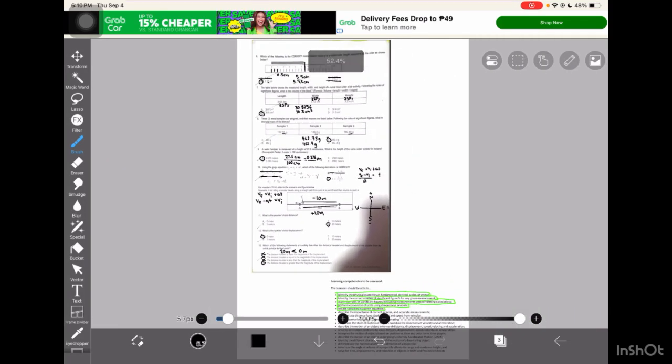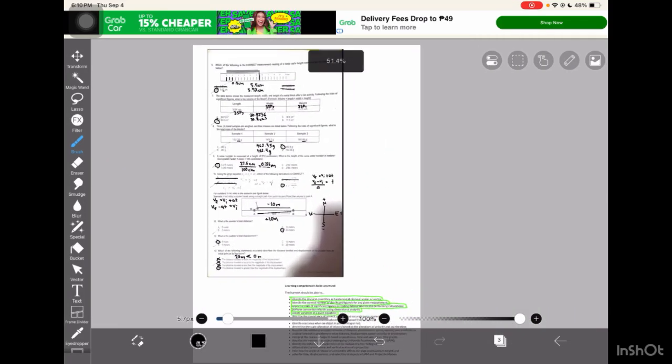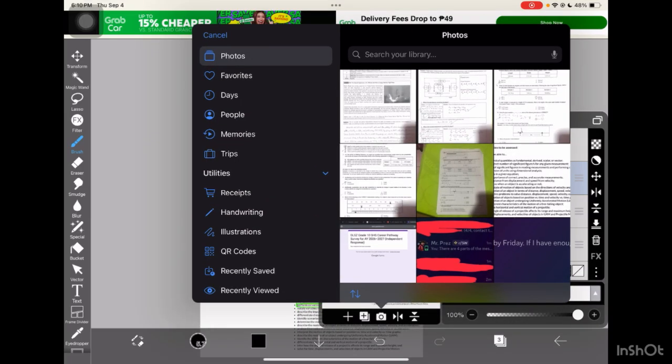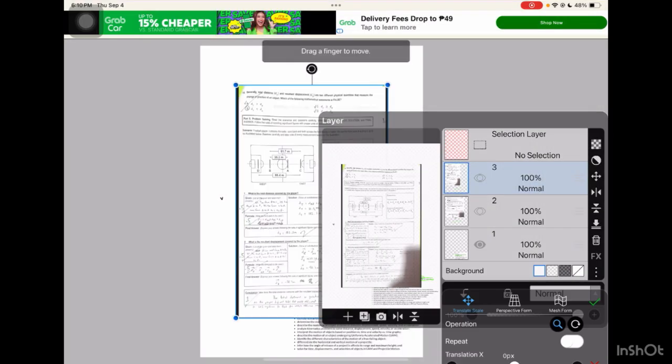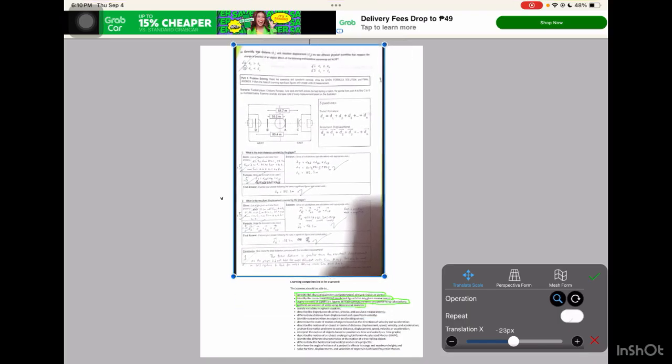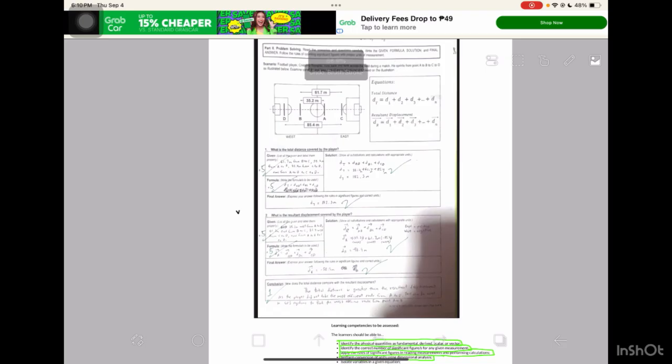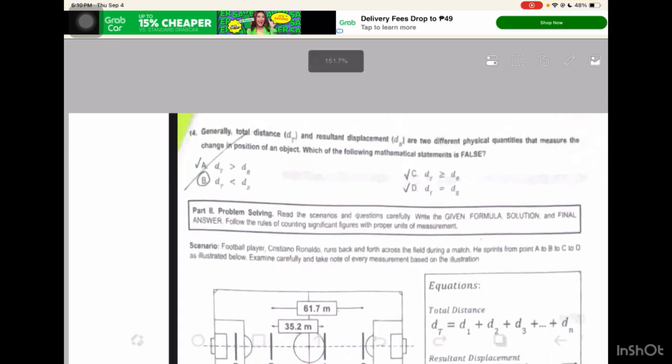Alright. Next page. Generally, the total distance and the resultant displacement are two different physical quantities that measure the change in position of an object.